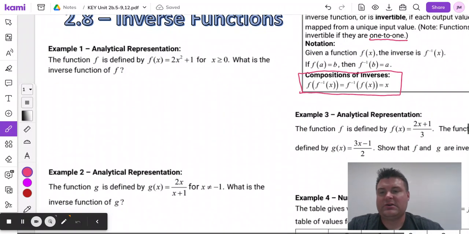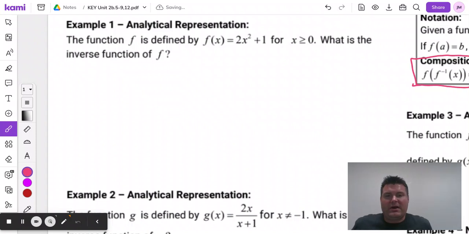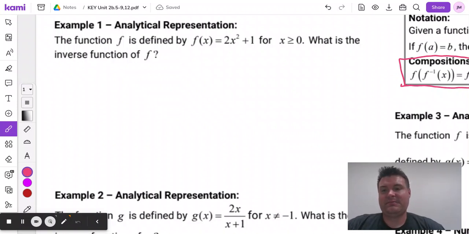Okay, a couple examples here with inverses. This is a parabola. Actually, this is a parabola that got cut in half because we have f of x is 2x squared plus 1, and that is for when x is only bigger than 0. What's the inverse of f? All we're going to do is reverse the x and the y.